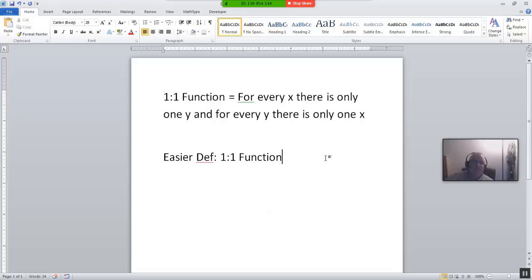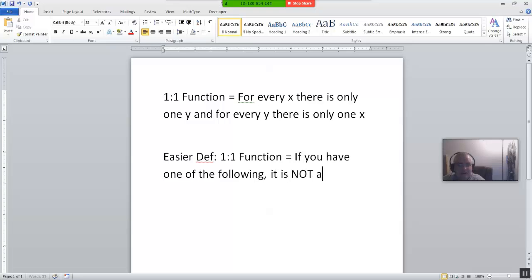Okay. An easier definition of one-to-one function says if you have one of the following, it is not a one-to-one function. If you have even powers, it's not a one-to-one function. If you have the absolute value, it's not a one-to-one function.